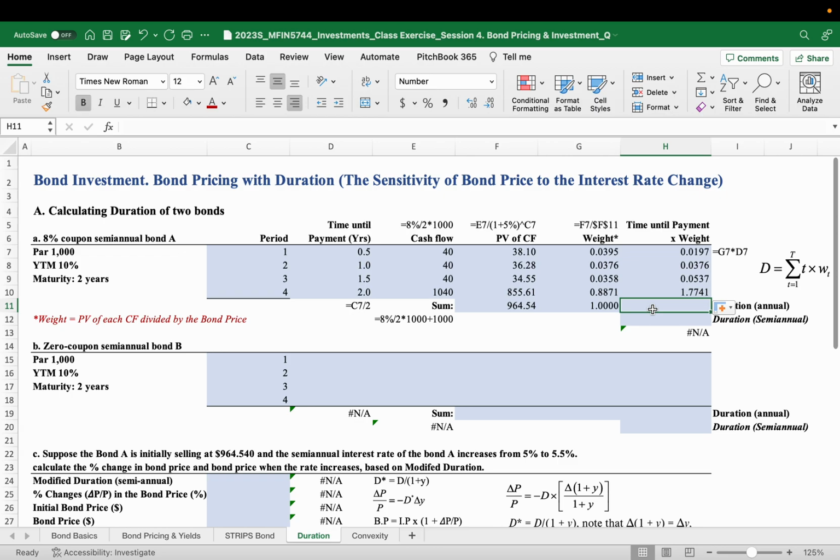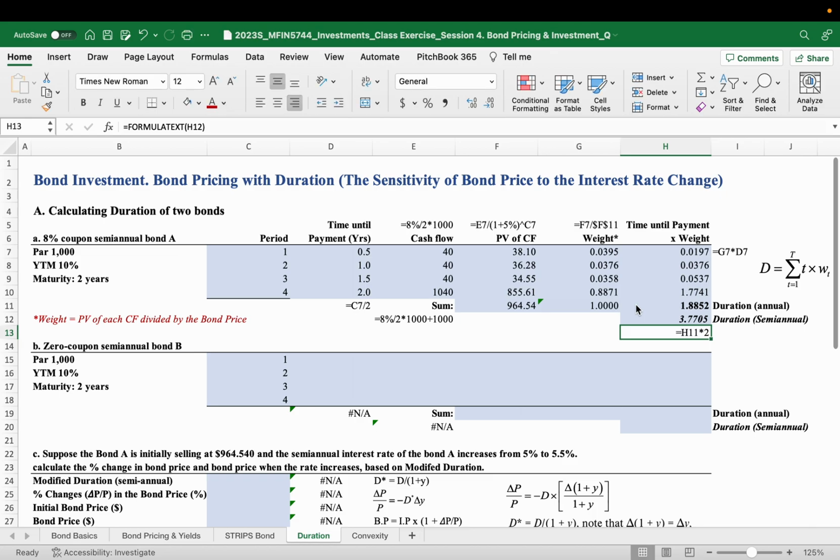Then what is the duration? Duration annual. So annual duration, you can just sum all this up, right? But here, actual duration of this bond is, right, this is semi-annual. So we need to now, right, multiply 2, right?